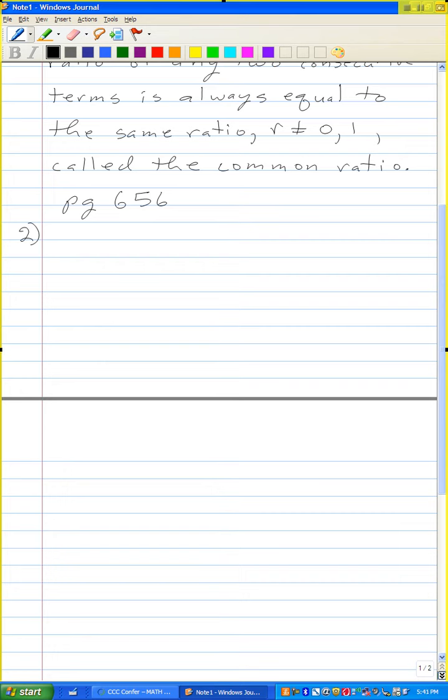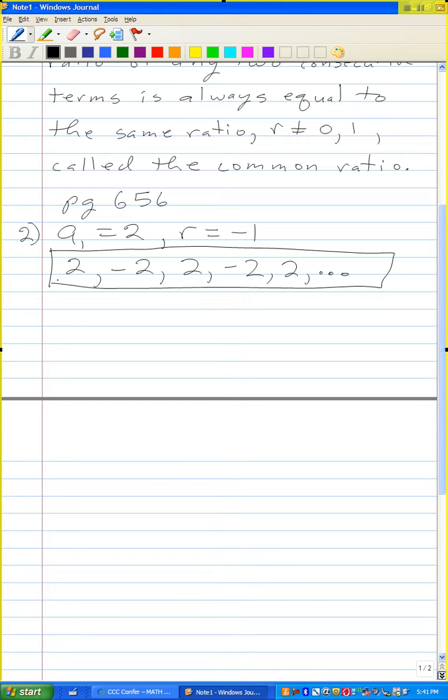Okay, so a sub 1 is equal to 2, and r is equal to negative 1. And so the first term is 2, times negative 1, negative 2, times negative 1, 2, times negative 1, negative 2, times negative 1, 2, etc. And so that is my geometric sequence.